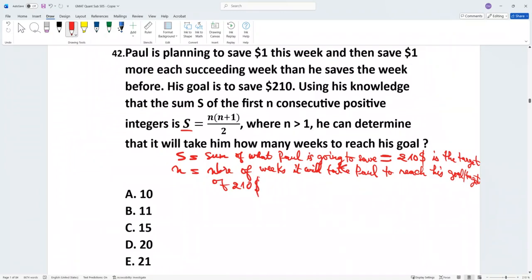So now we can use this formula here, n times (n plus 1) over 2. What we are going to look for here is the value of n.